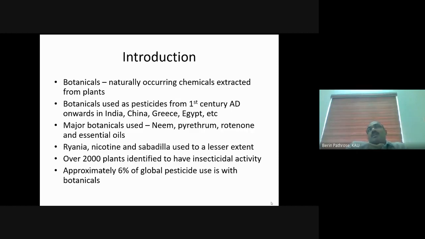Another typical example is cruciferous vegetables, say diamondback moth. Diamondback moth feeds only on cruciferous vegetables, because of a certain chemical in them. I forgot the chemical in cruciferous vegetables.